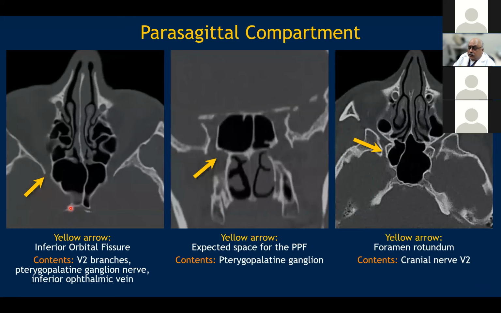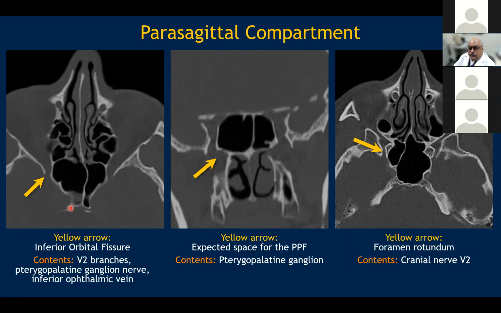So the egress of the cavernous sinus is into the inferior orbital fissure, and the inferior orbital fissure is a direct continuation of the superior orbital fissure on the contiguous axial sections taken through the skull base.